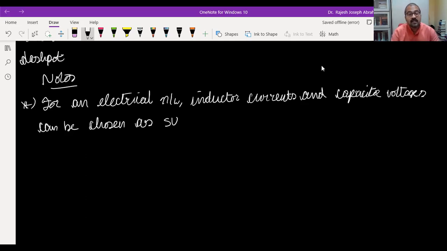So if you are analyzing an electrical network containing inductors and capacitors, you choose the inductor currents and the capacitor voltages as the state variables. SV means state variables.